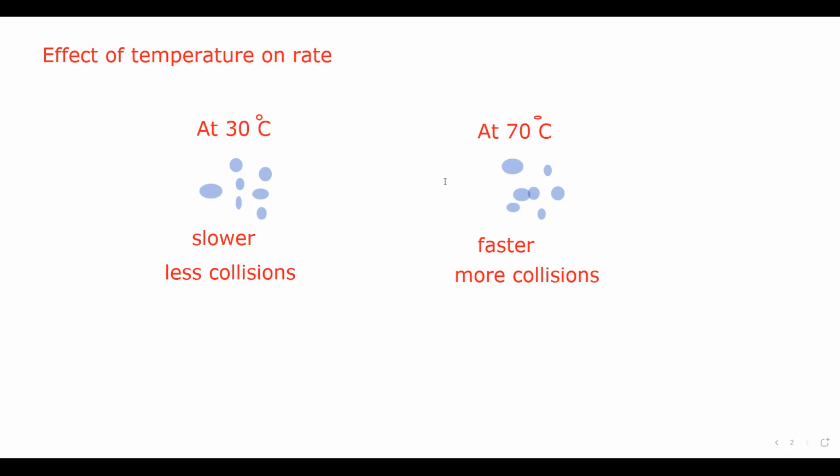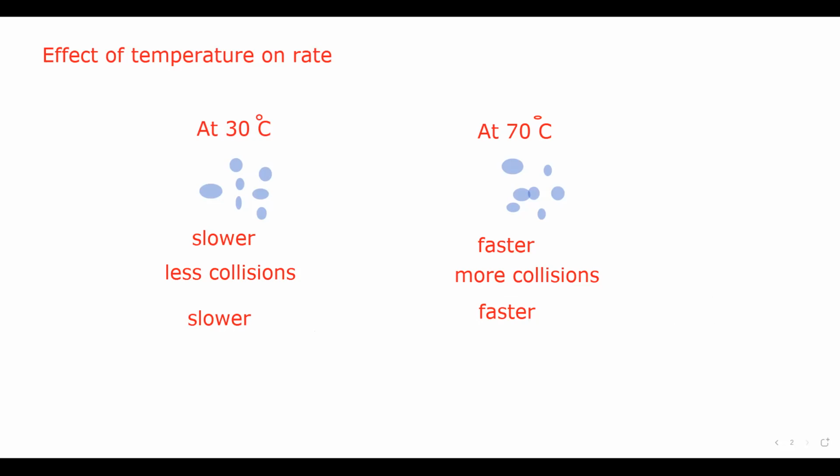So at which temperature will the reaction be fast? At 70 the reaction will be faster, and at 30 the reaction will be slower. So when we increase the temperature, the rate of the reaction also increases.